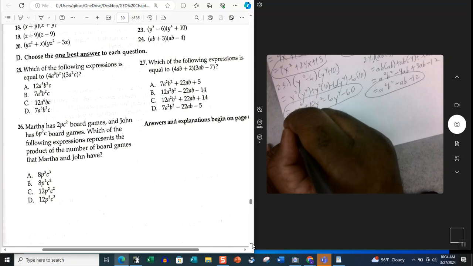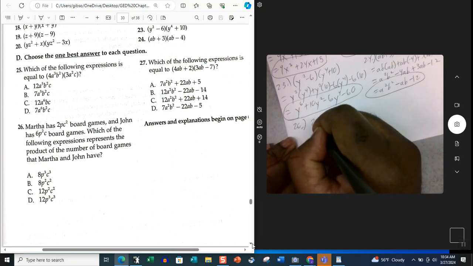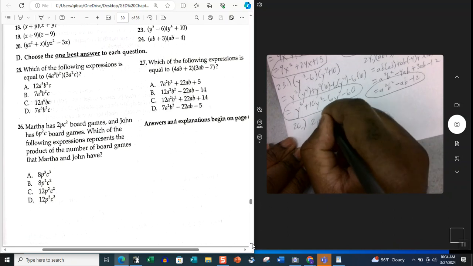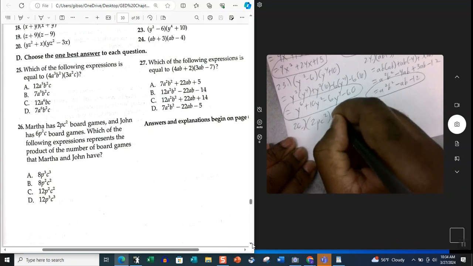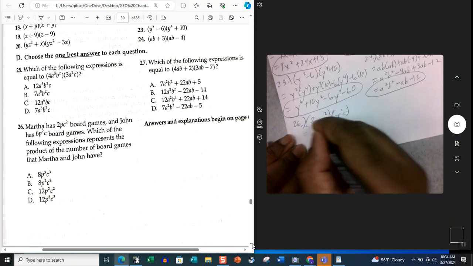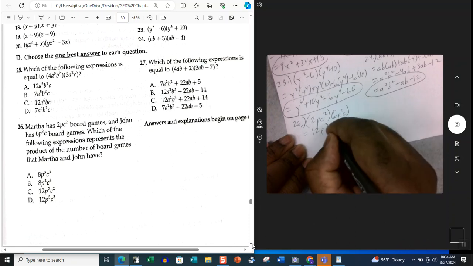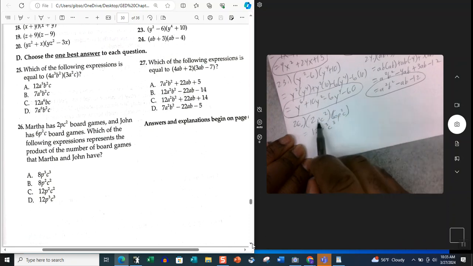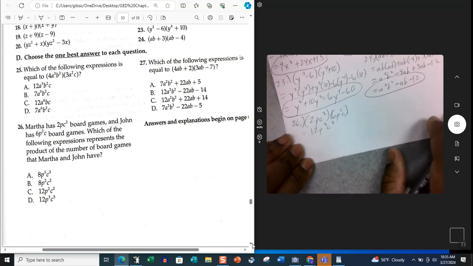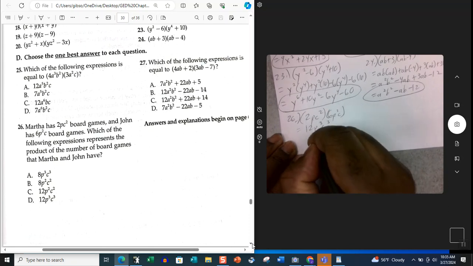So that means that for problem 26, we'll take 2pc squared times 6p squared c. So 2 times 6 is 12. P times p squared is p cubed. C squared times c is c cubed. Because remember, when they have the same base, you add the exponents. Okay, so we got 12p cubed c cubed, which is d.